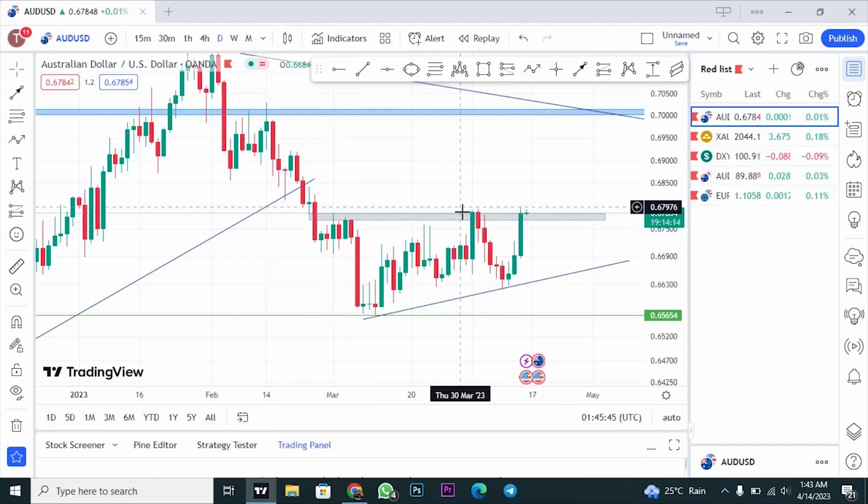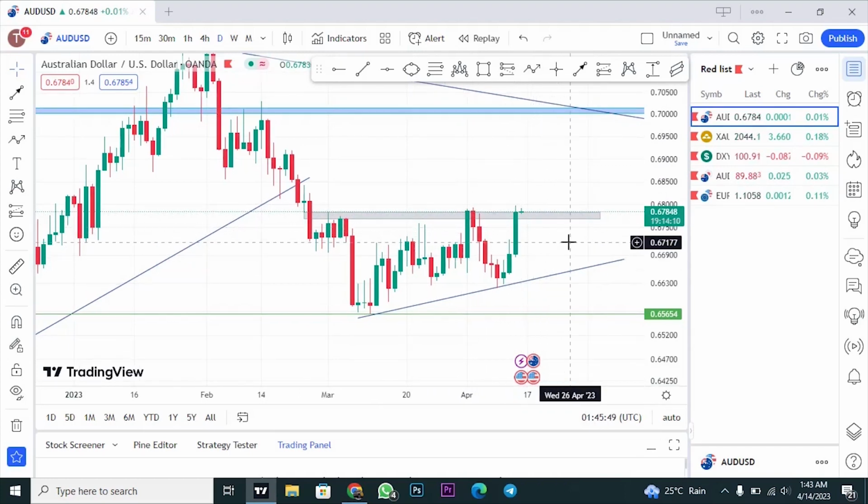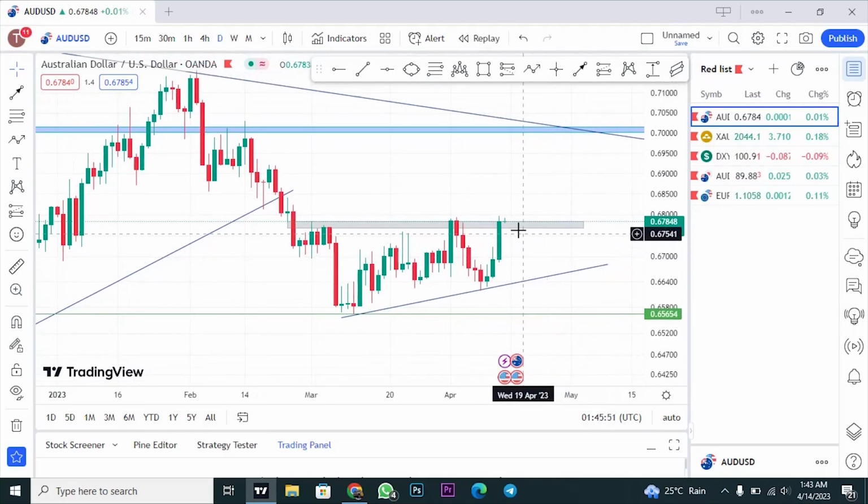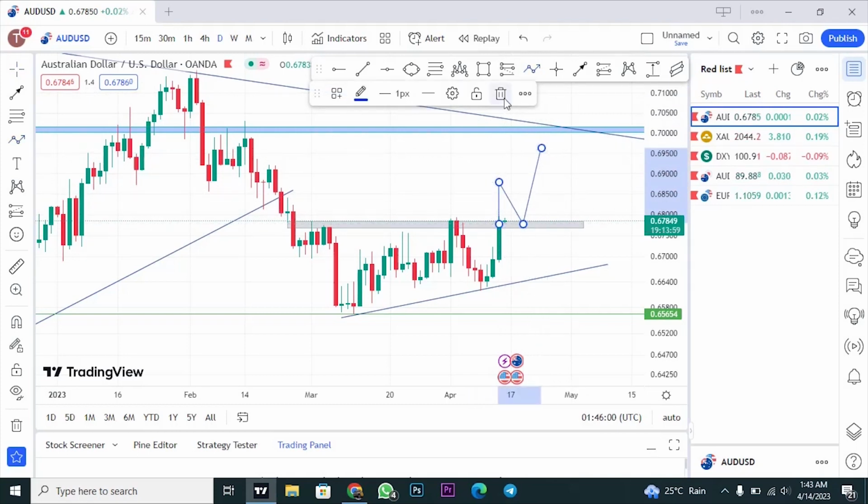Price resisted here, price resisted, and now price is currently at this level. So my anticipation is that when price eventually breaks above this level, we wait for a retest right here and then a push to the upside.